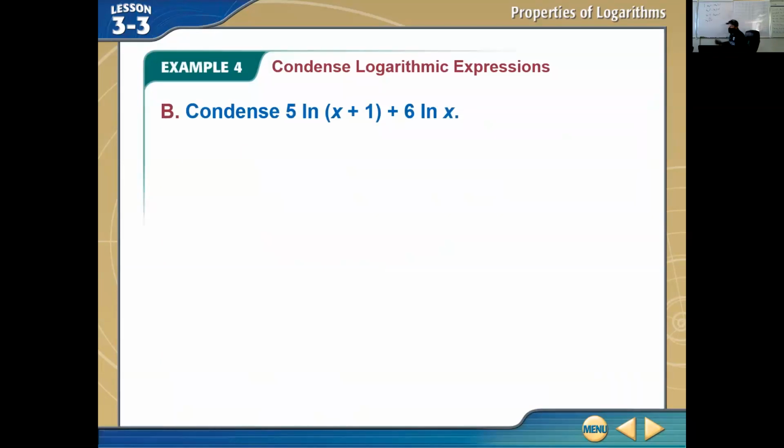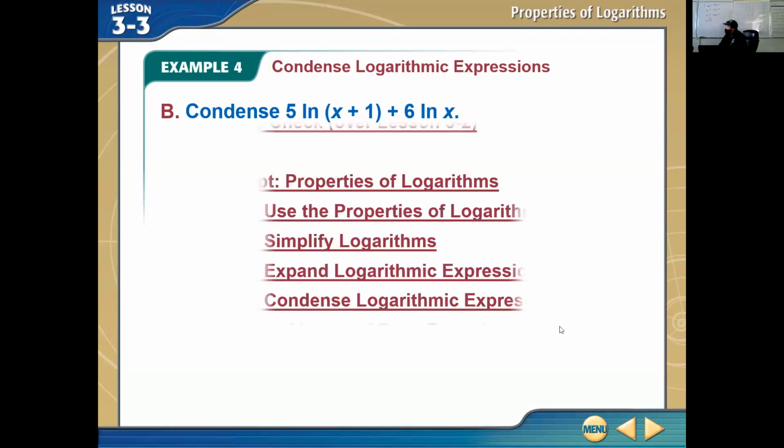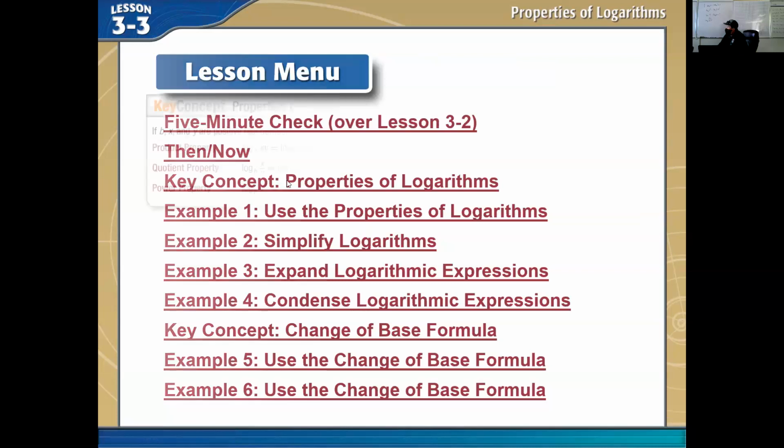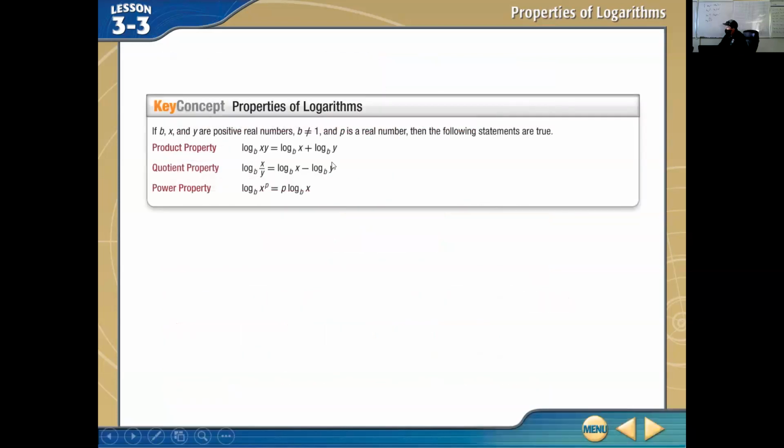The key thing is all these properties, especially the power, the product, and the quotient property, understand those have the same base. They have to have the same base to be able to be expanded and condensed.